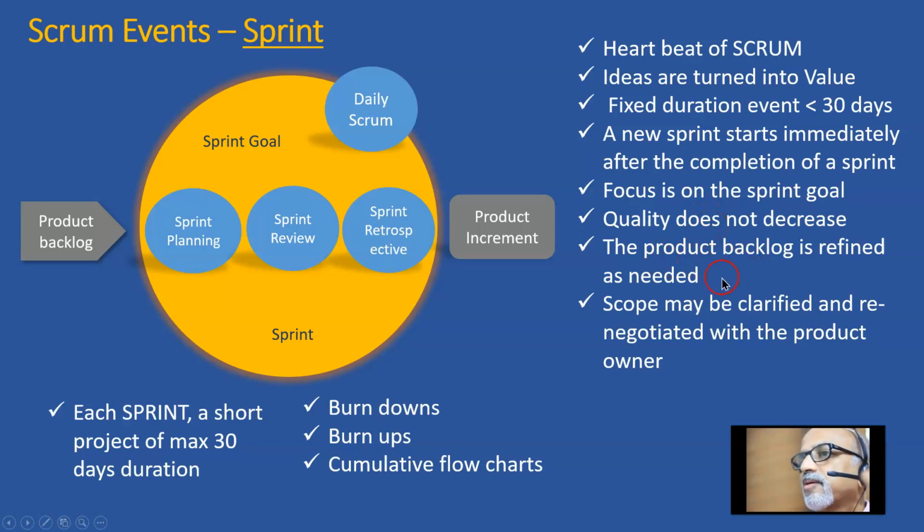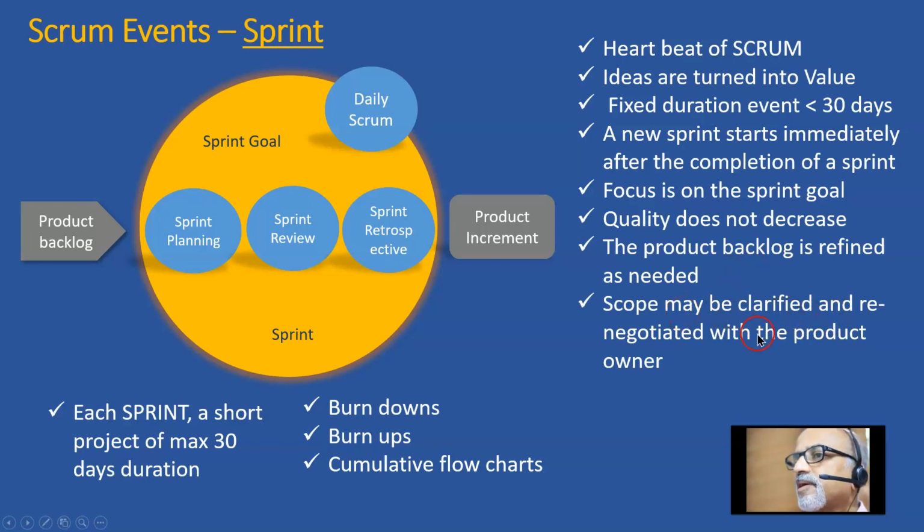The product backlog is refined as needed, during the sprint planning meeting and during the execution of the sprints. The refinement of the product backlog is a continuous activity throughout the project.